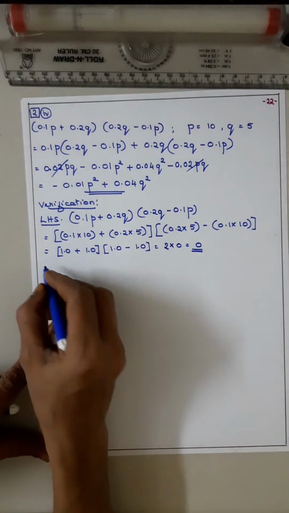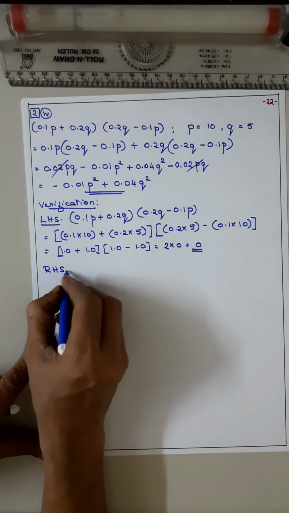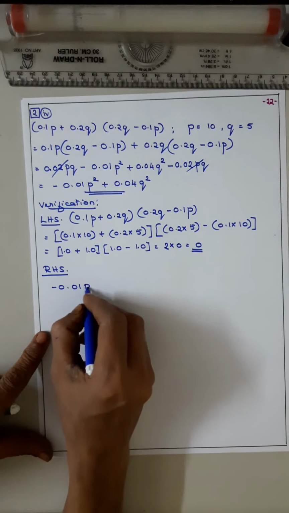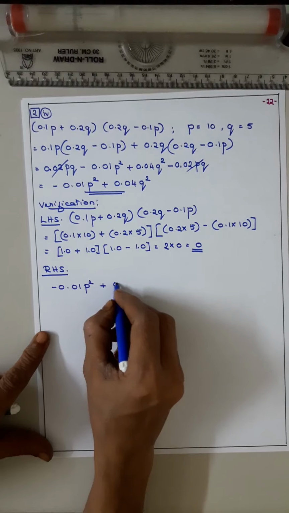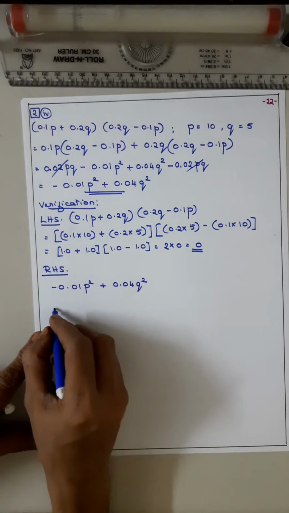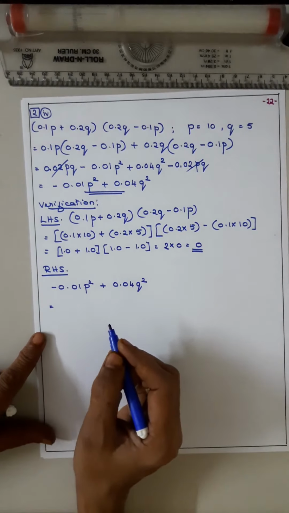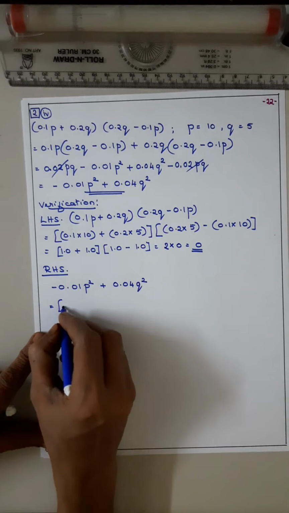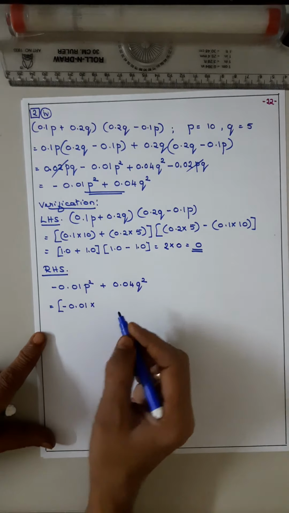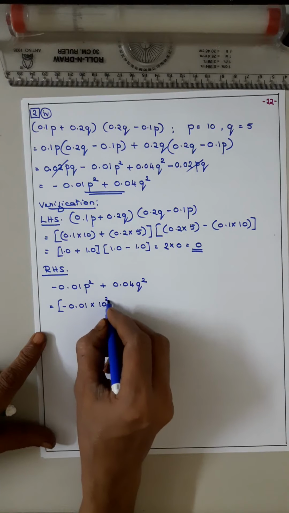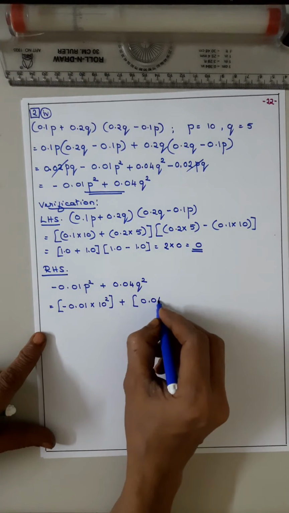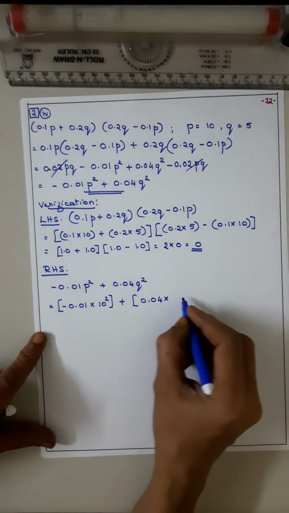Clear? Now coming to RHS, minus 0.01 p squared plus 0.04 q square. Okay, shall we put the values? It is minus 0.01 into p squared is 10 squared plus 0.04 into q square.